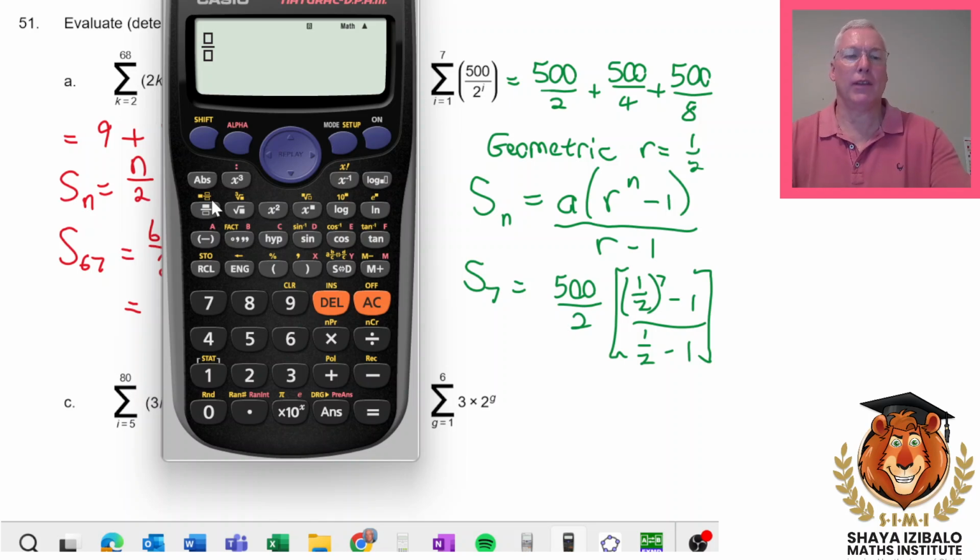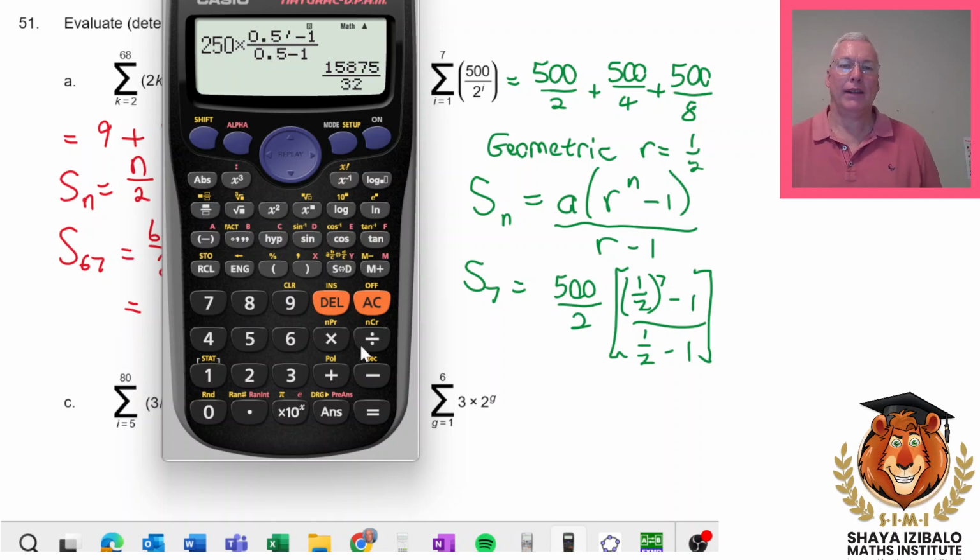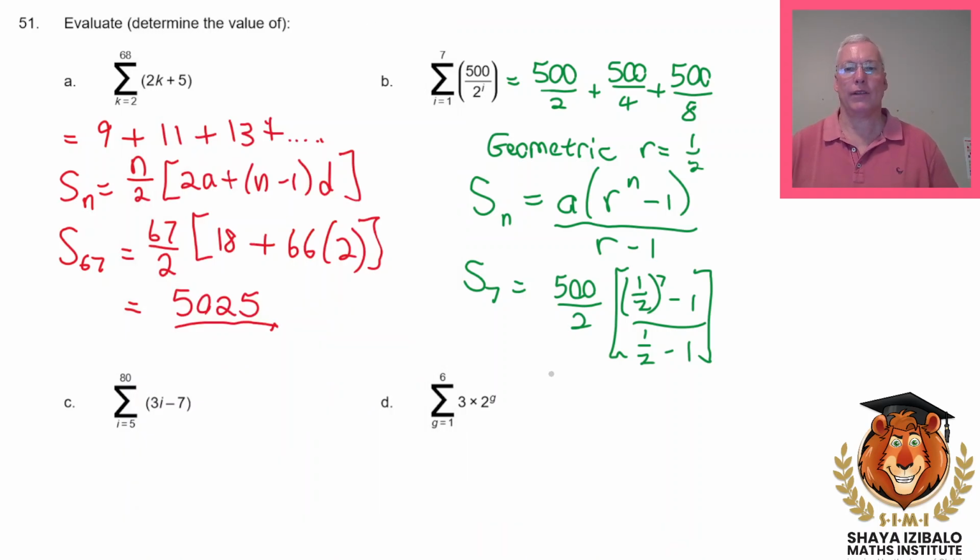I'm actually going to just do that in my head. 250 times, all right? And now on the top here, I've got 0,5, that's what a half is, to the power of 7 minus 1 over 0,5 minus 1. And I get that, right? Let's just see what that all comes to. It comes to 496,09.